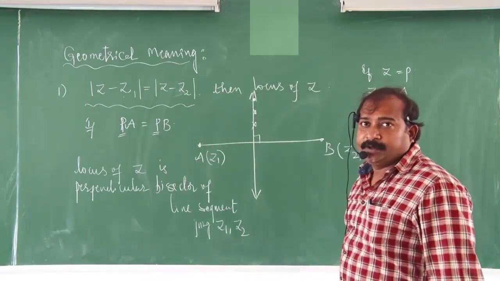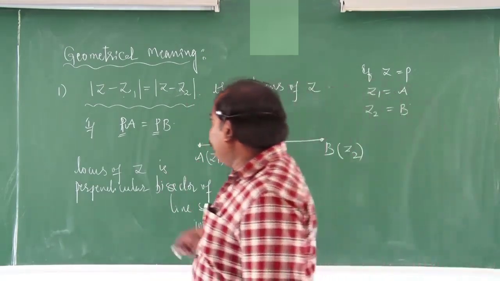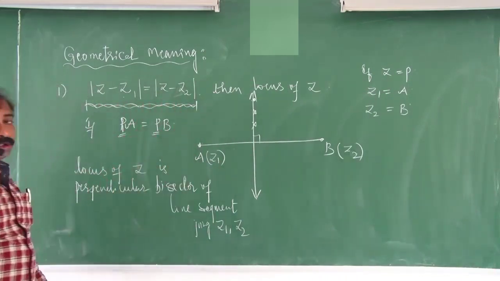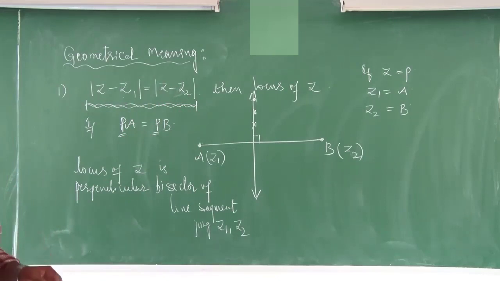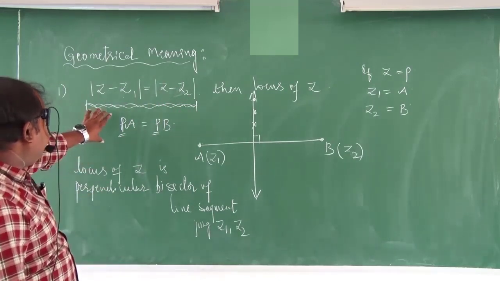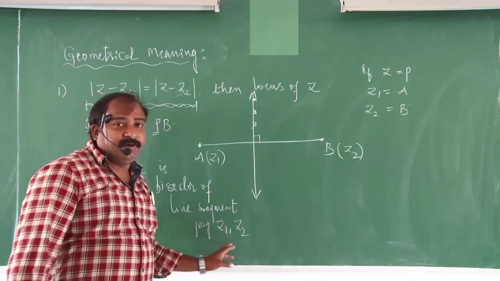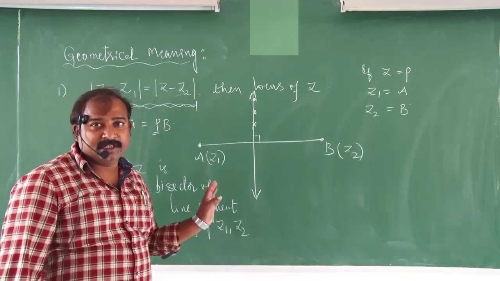This is the first point. So whenever you are given this condition, modulus of Z minus Z1 equals modulus of Z minus Z2, what is that meaning? That meaning is nothing but the perpendicular bisector of the line segment Z1 Z2. Okay, I hope that it is clear.